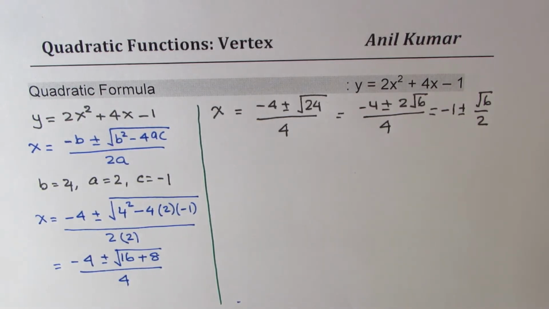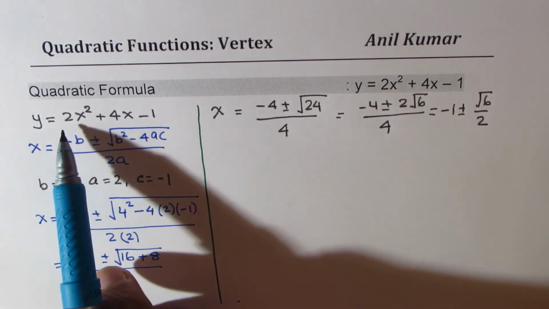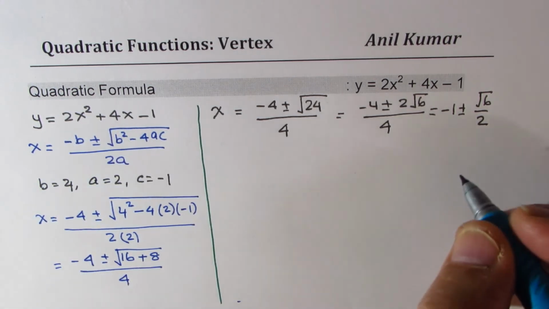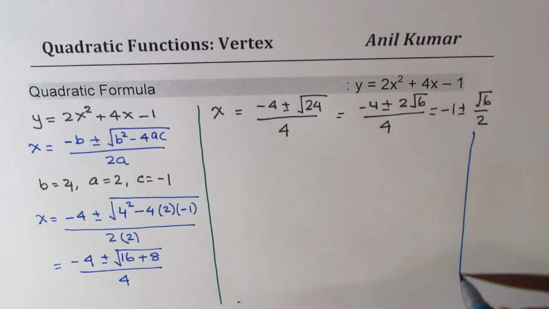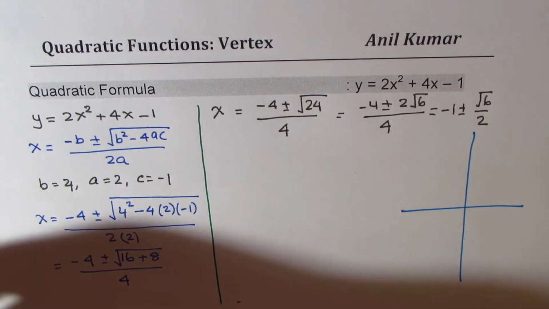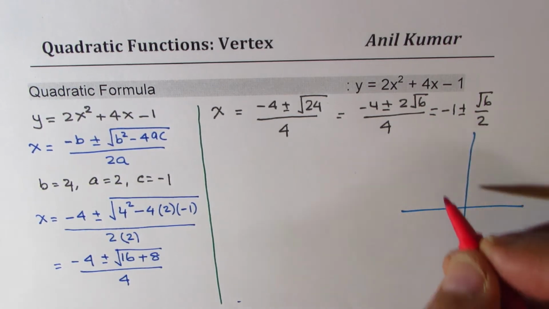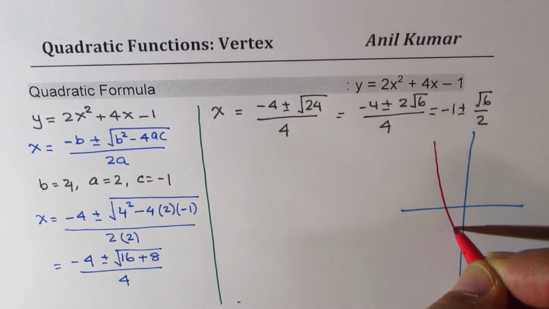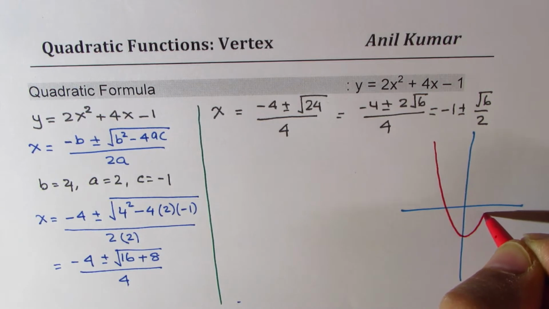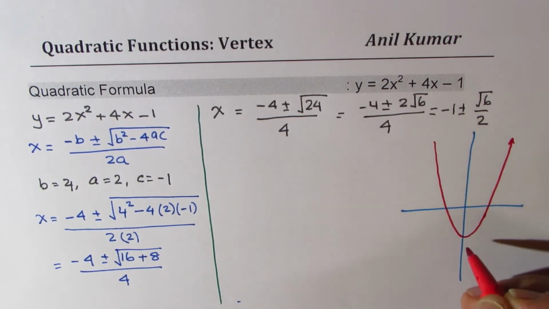Now if you sketch this parabola, which is opening upwards, let's do it. We'll just make a very approximate sketch. The y-intercept is minus 1 and we know the 2 roots. So the parabola will be kind of like this. Oh, I'm sorry, not this at all. The vertex is not here.